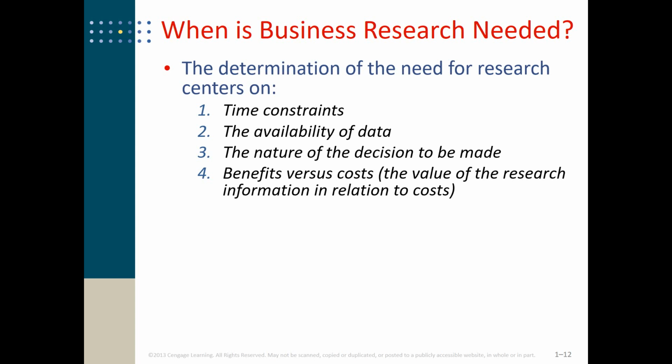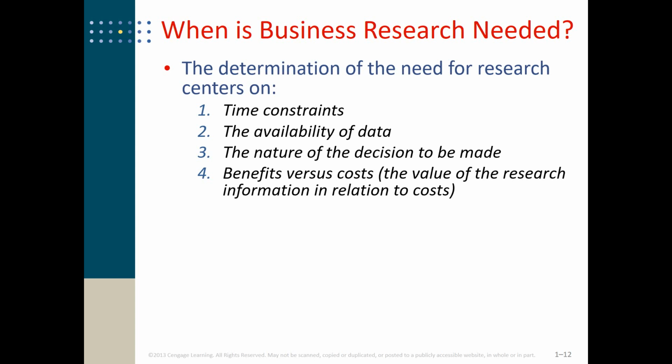Sometimes business managers need to take decisions immediately, overnight, without collecting and analyzing data. Although that might not be an ideal situation, managers take decisions because the situation demands that. So, due to time constraints, we may not be able to do a research.